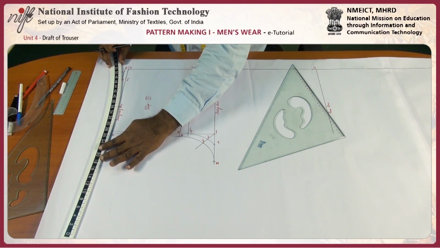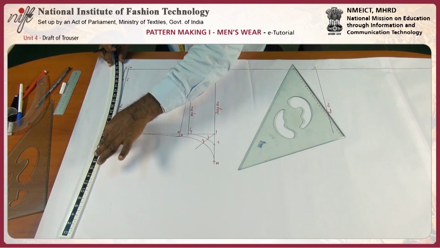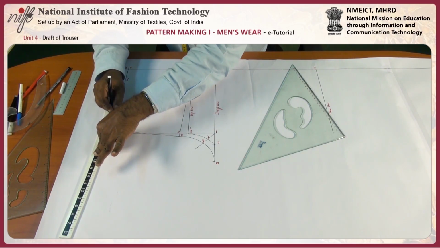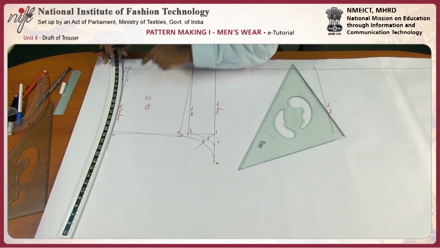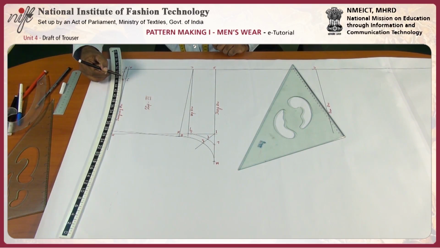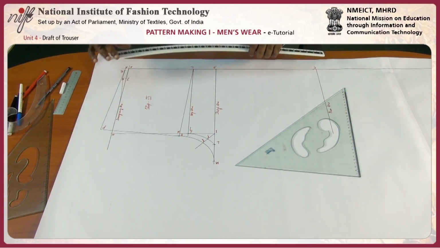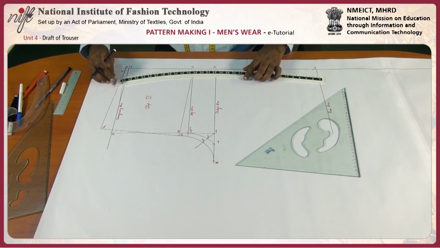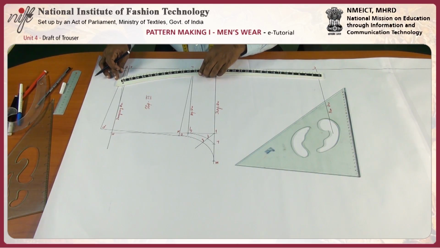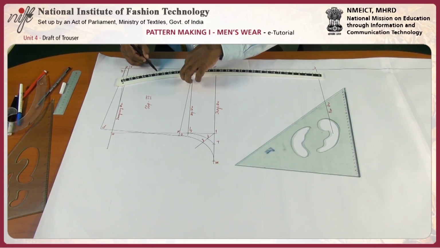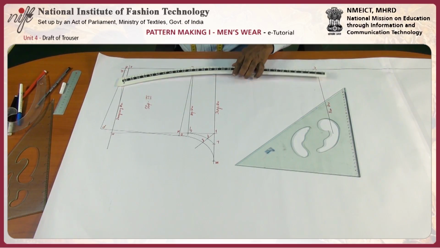Hip curve to be placed like this and shape K and H. This can be taken straight then connected to K. After that, place hip curve at the edge and join to C like this.